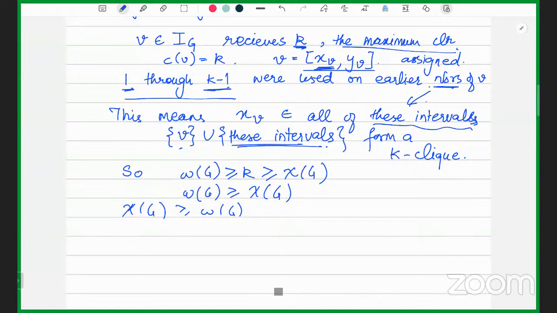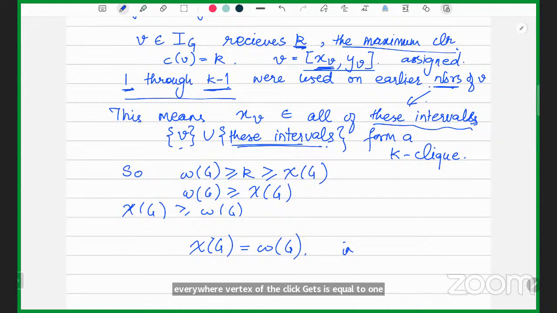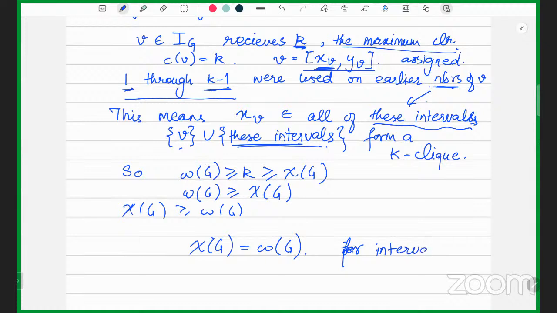So chi g is equal to omega g in case of interval graphs. But you have to make a careful choice for using the greedy algorithm. And this ends the proof.